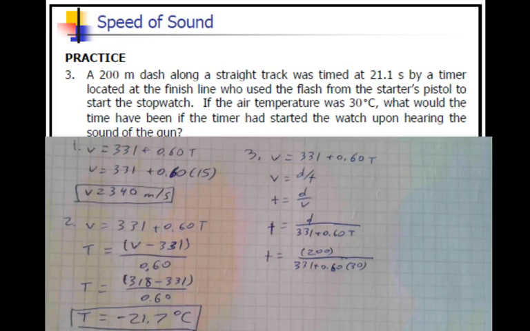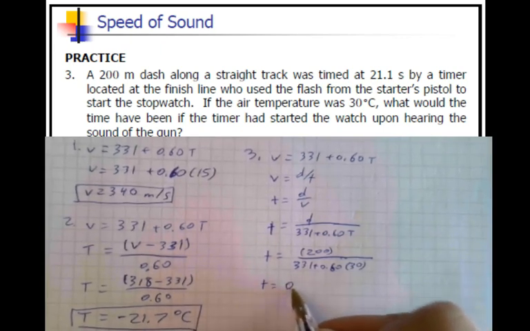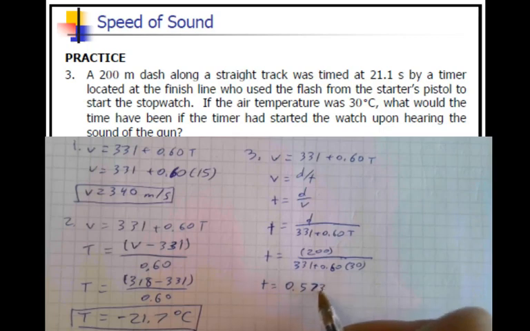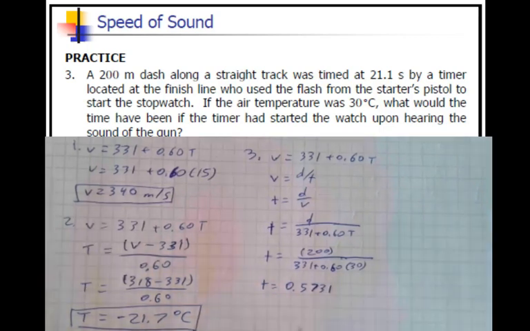So our t gets to be 0.5731. We need to subtract this from the 21.1. So 21.1 minus 0.5731.